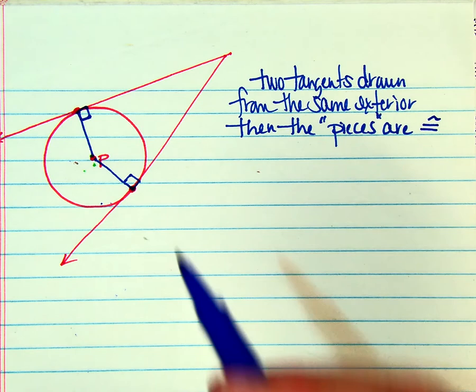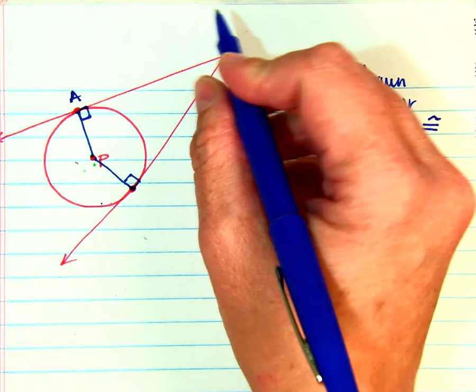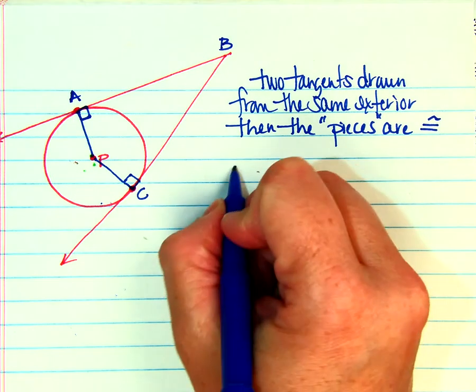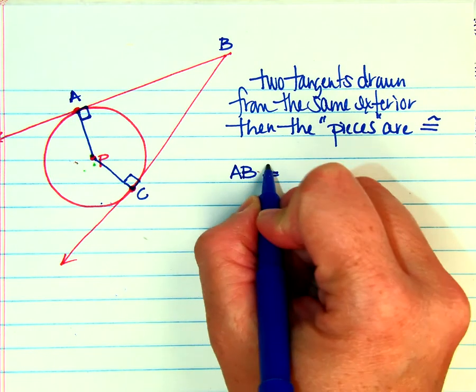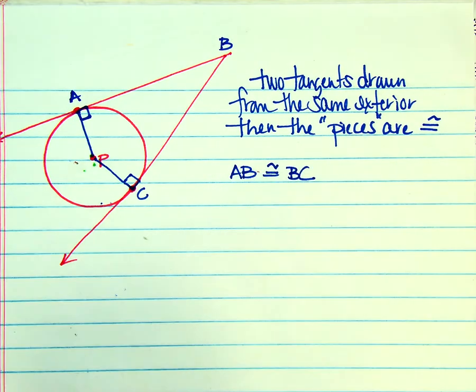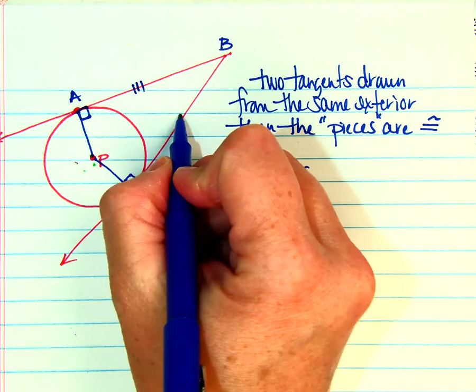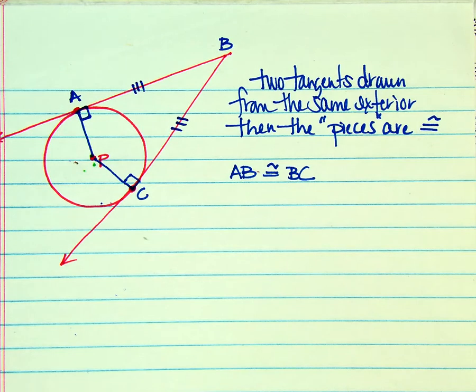When I mean pieces, I'm talking about, make this A, B, and C. So that means AB is going to be congruent to BC. So this little piece is going to be congruent to that little piece.